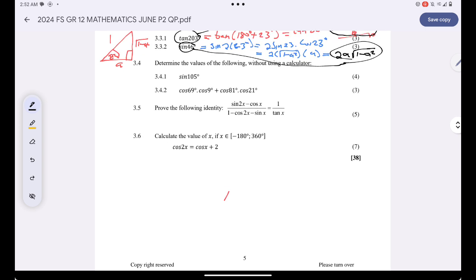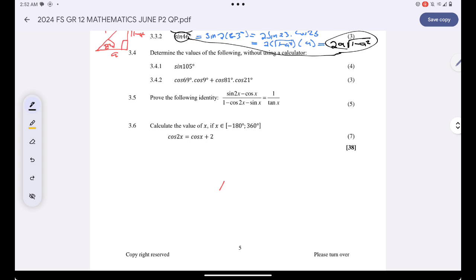Okay, now they want us to determine the values of the following without the use of a calculator. Sine 105 can be written as sine of 60 degrees plus 45 degrees, right?